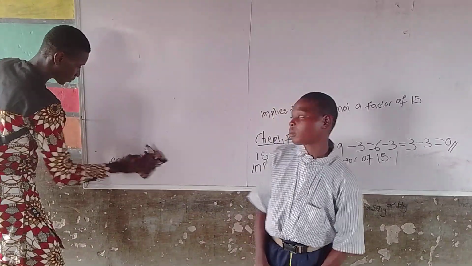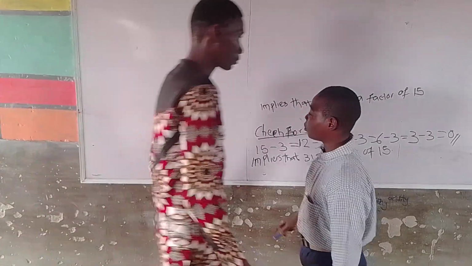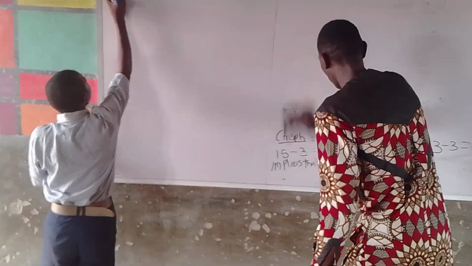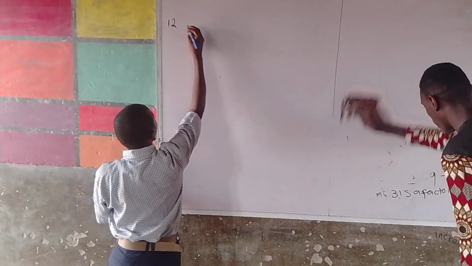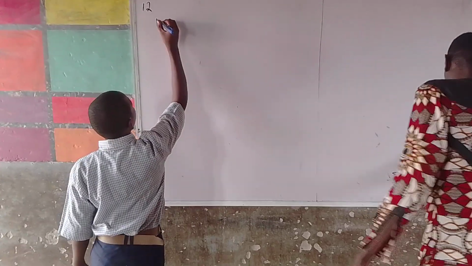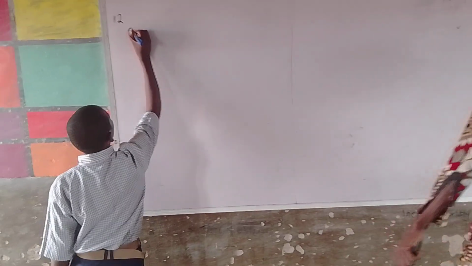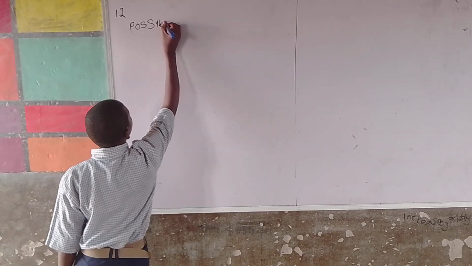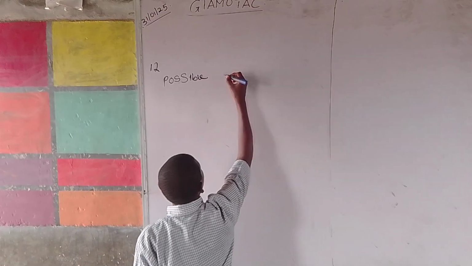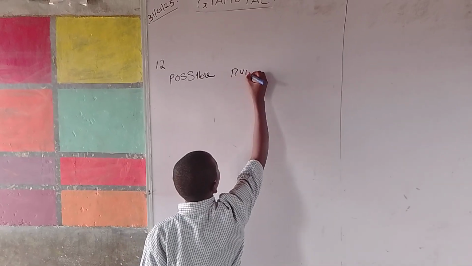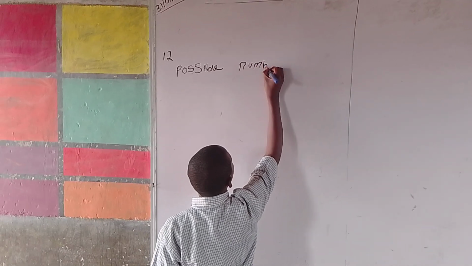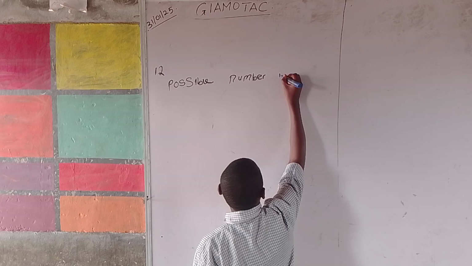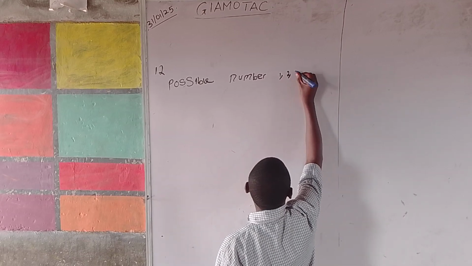Take for example 20, positive numbers 1, 2, 3.